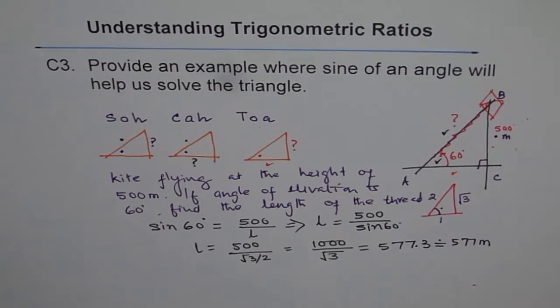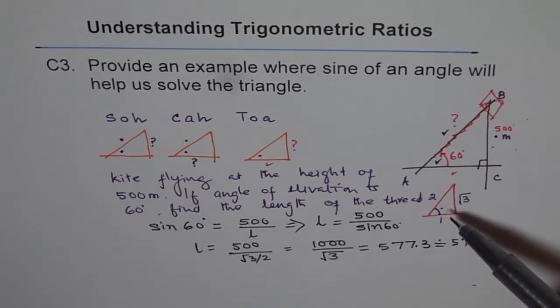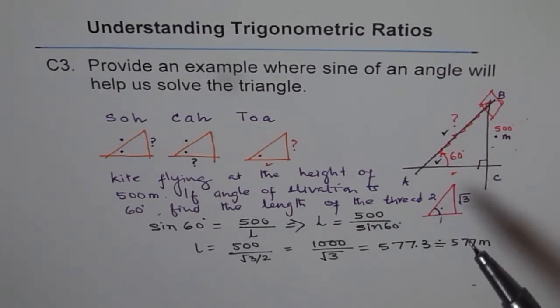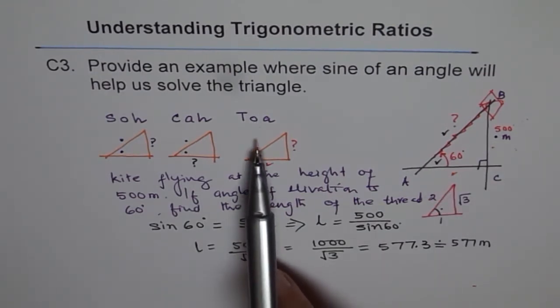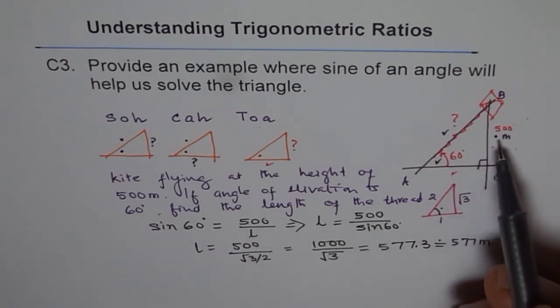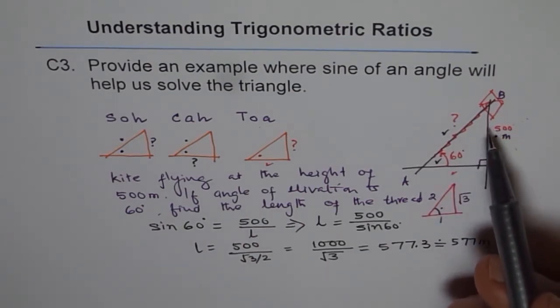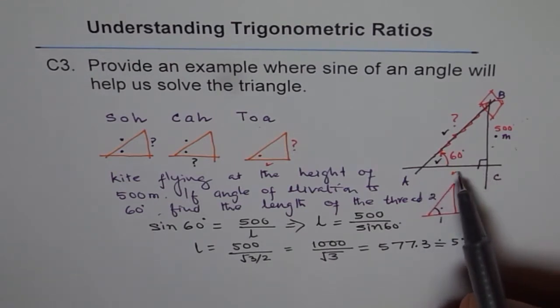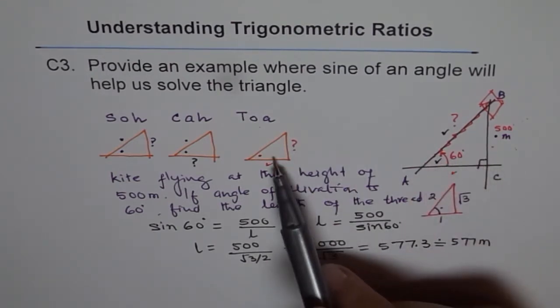Now, this is how you are going to use sine and cosine. I'm going to take a series where we are going to use these standard special triangles and find different trigonometric ratios. But tan, I can tell you, is used many times in height and distance problems: find the height of a building, of a tree, or the width of a river. All those examples use tan.